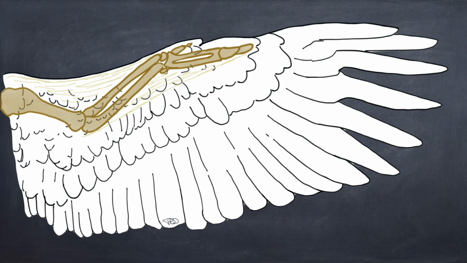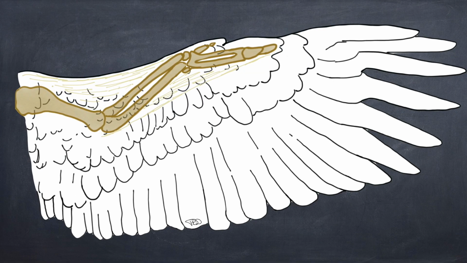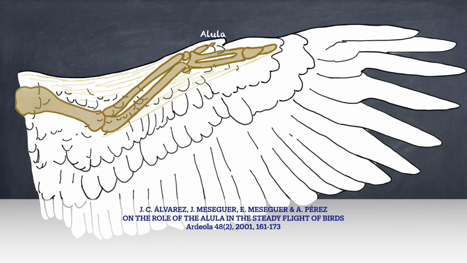Let's have a look at an illustration of the wing here. Now notice here, up at the first digit, we have a little structure known as the alula. So the alula has long been thought to enhance lift and delay stalling. Alvarez et al. found that the alula is a high lift device.